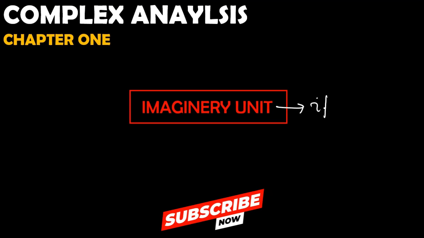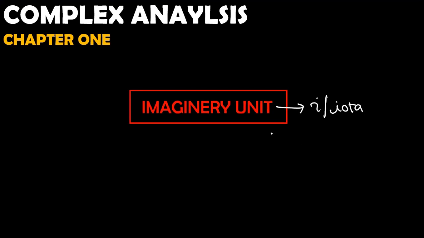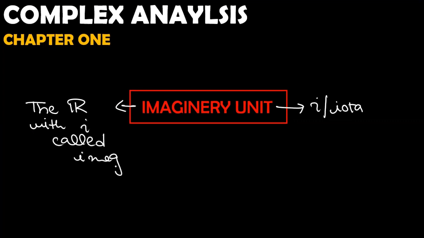This looks like the symbol i, called iota. So this is an imaginary unit, and real numbers multiplied with this iota are called imaginary numbers. Remember that the real numbers are multiplied with iota.